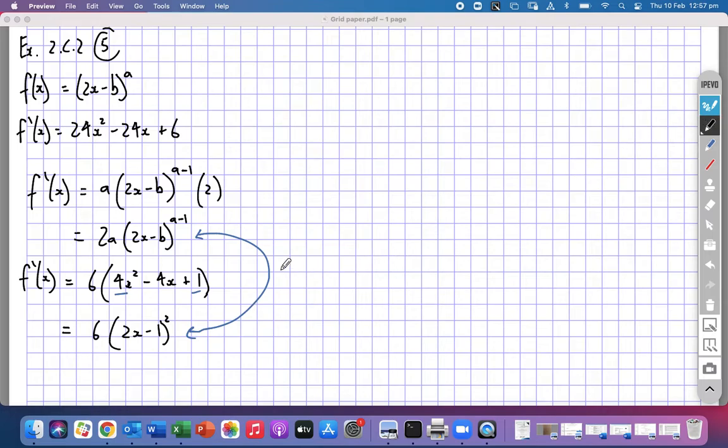So that's going to be enough work to say, therefore, a equals 3, b equals 1. We've already got the minus here, minus b, so minus 1. And that's pretty much all there would need to be for this question.